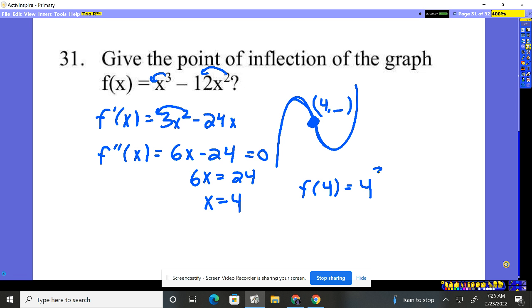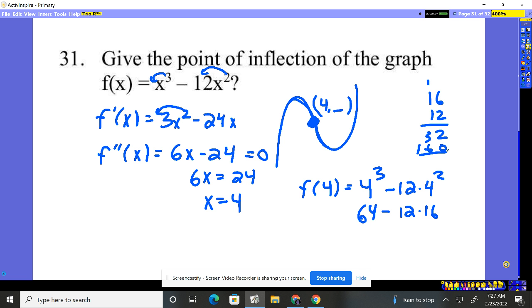So we have what? 4 cubed minus 12 times 4 squared. So that's 64 minus 12 times 16. Well, what's 16 times 12? Let's do a little old school here for a little fun. Put a 1, little 3, 0, 6, well, 192. Yep. 64 minus 192.